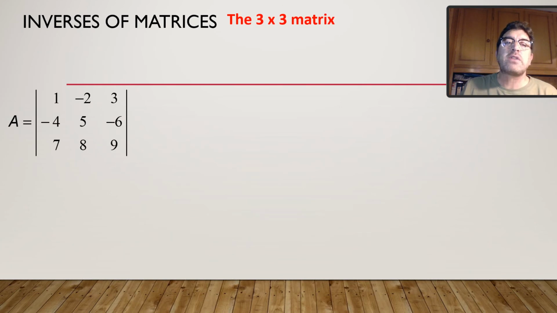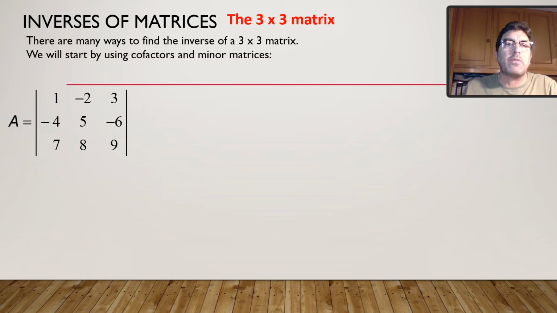Okay, let's look at the inverse of a 3 by 3 matrix. Let's have a look at how this works. First of all, there are many ways to find the inverse of a 3 by 3 matrix, but we will start by using cofactors and minor matrices, just like we did for the 2 by 2.